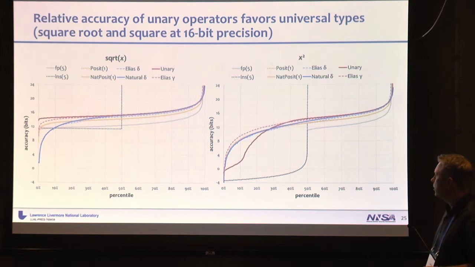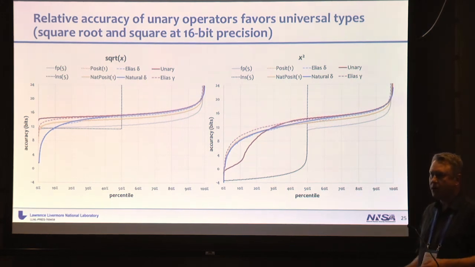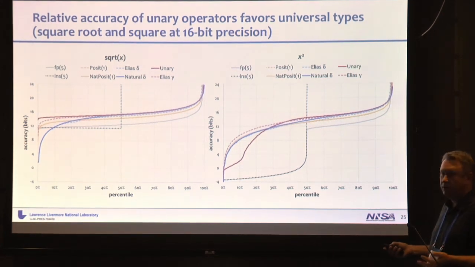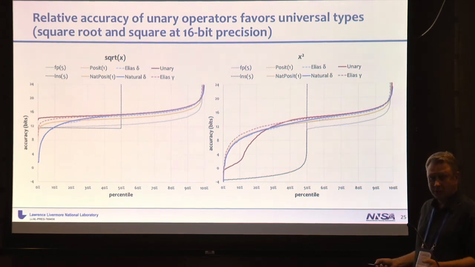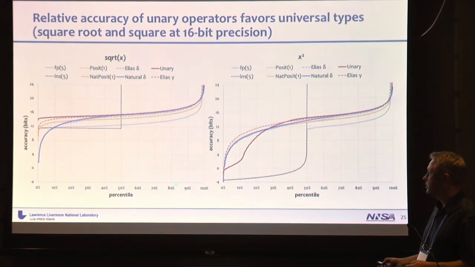All right, I have a couple of result slides here. What I'm doing here is something very similar to what John did in the POSIT paper. The idea is that you take all the numbers that you can express in a number system, then you apply a unary operator on that, in this case the square root of x, and you look at the relative error that you've induced. You then sort these relative errors and plot them between 0 and 100%.